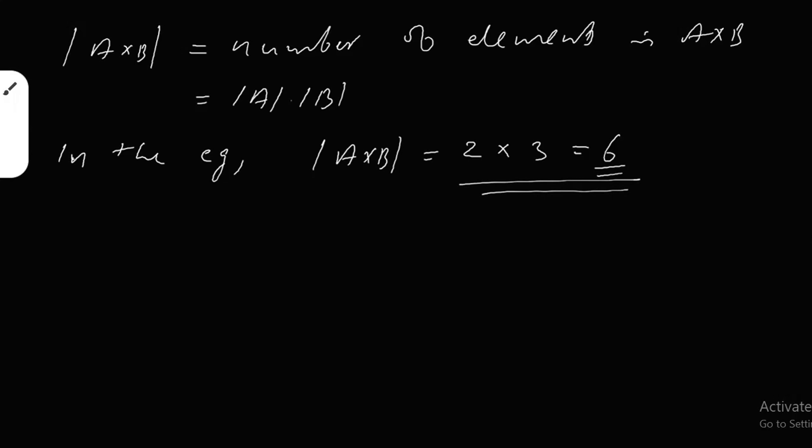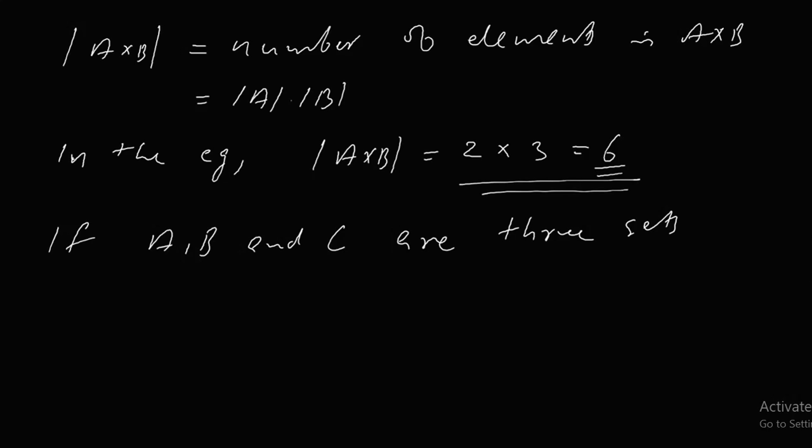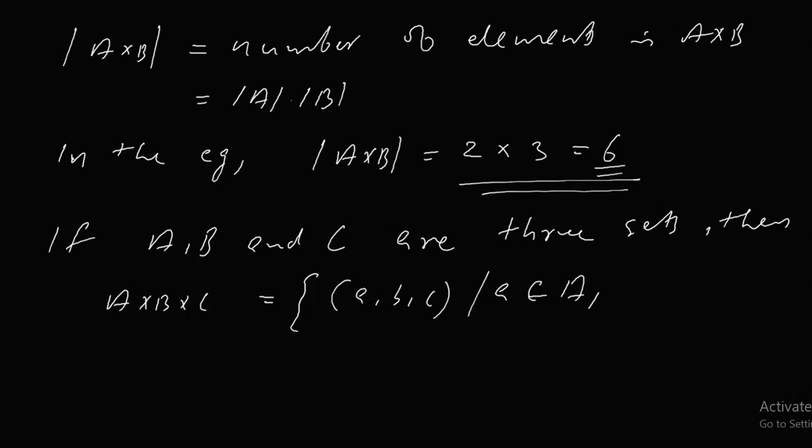This idea can be extended. If A, B, and C are three sets, then we can define A cross B cross C, which contains a triplet (a, b, c), where the first coordinate a is taken from A, the second element b is an element of set B, and c is taken from the set C. In general, we can extend this to n different sets, A1 cross A2 cross and so on up to An.